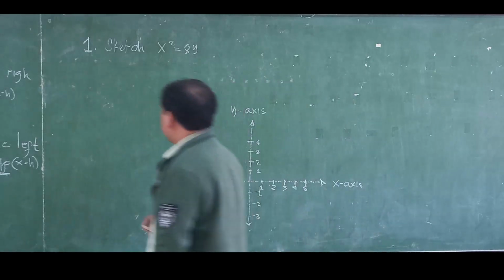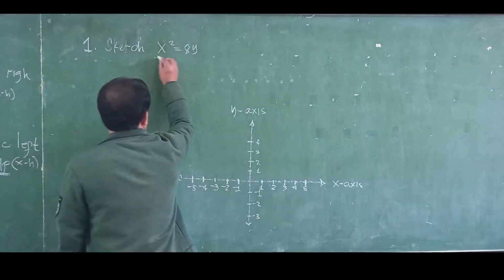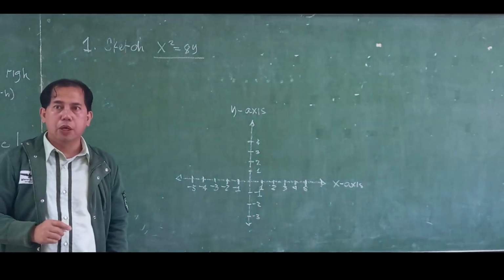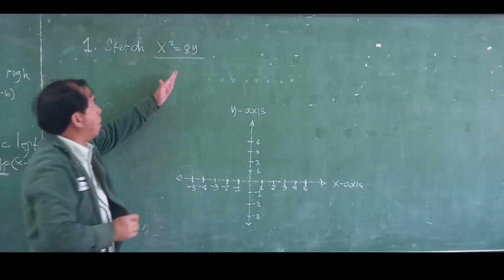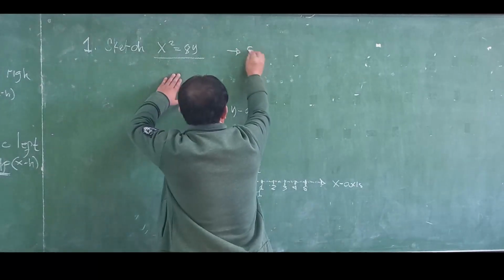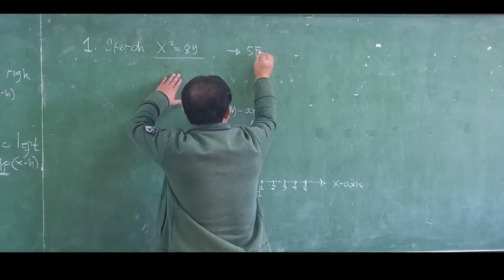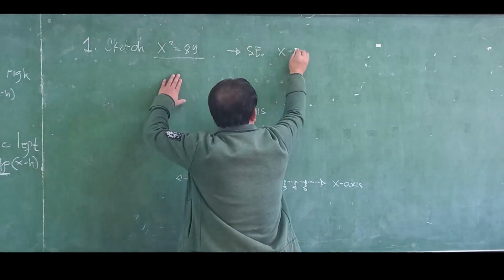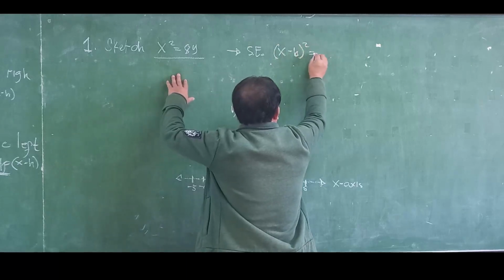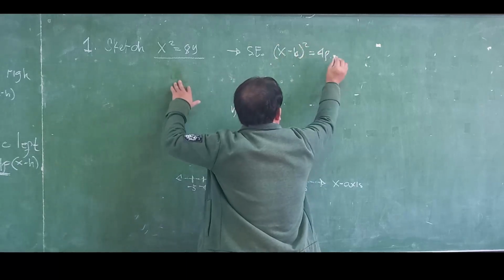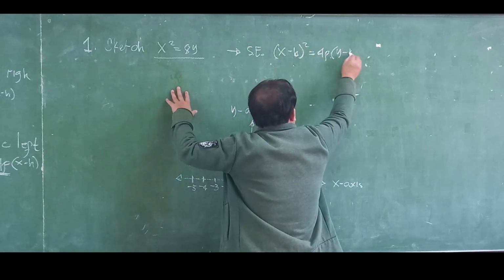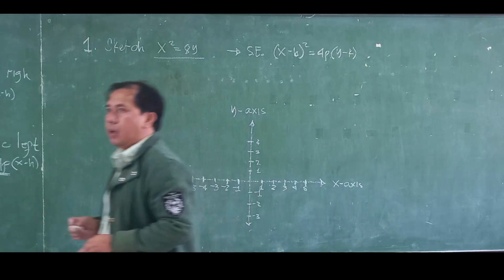So, notice that we have in here the equation. In the equation, immediately, we can compare this one to our standard equation, which is (x minus h) raised to the second power equals 4p multiplied by (y minus k). Okay? Why?